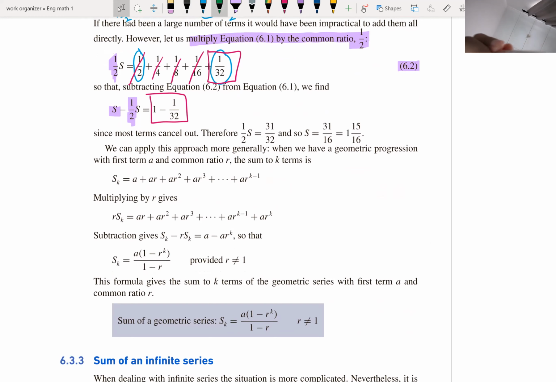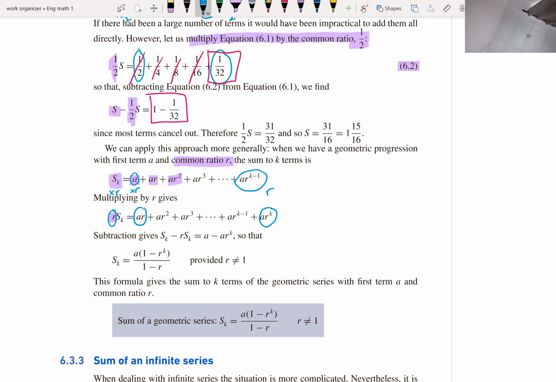So this is the normal term, A plus AR, R is the common ratio, R squared, and then for the second equation, we multiply with R. So everything here with R. When A multiplies R, it will become AR. And for this one, multiply with R also, so it will become AR^K.